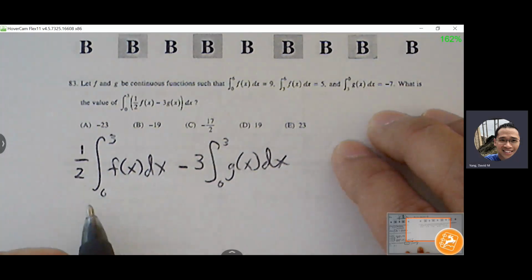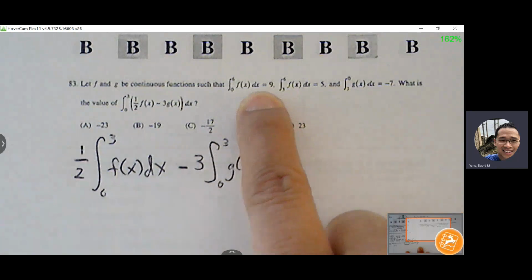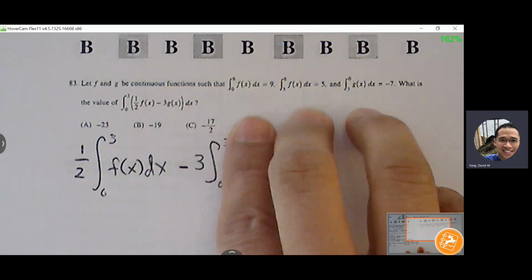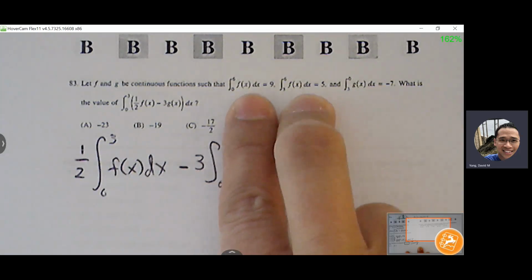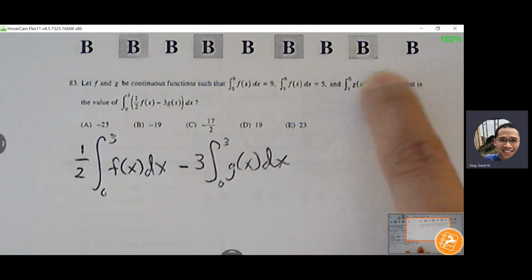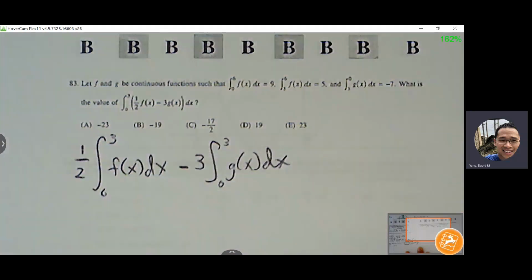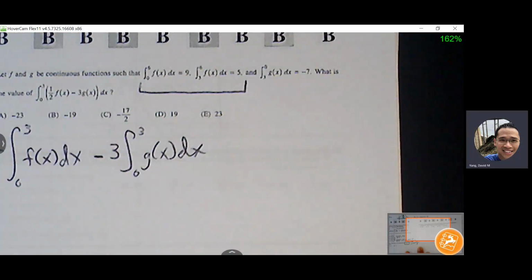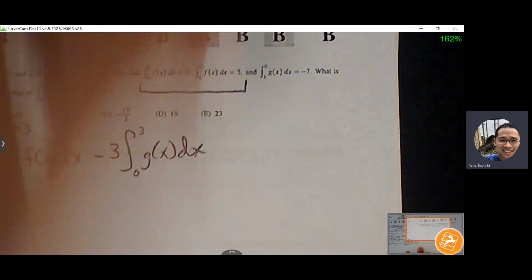So we're asked to figure out the integral from 0 to 3. We have 0 to 6, we have 3 to 6, we have 3 to 0. So I think we can play around with these two to figure out this integral. And then we can flip this one to get what we want from g of x. Okay, so I'm going to work with these two, see if I can figure out something that makes sense.